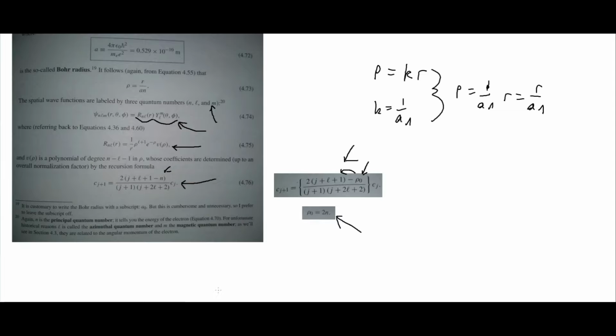In the next video, I'll start looking at the actual particular solutions by finding these different coefficients. And we'll see that this recursion formula is, as I said, the recursion formula for the associated Laguerre polynomials.